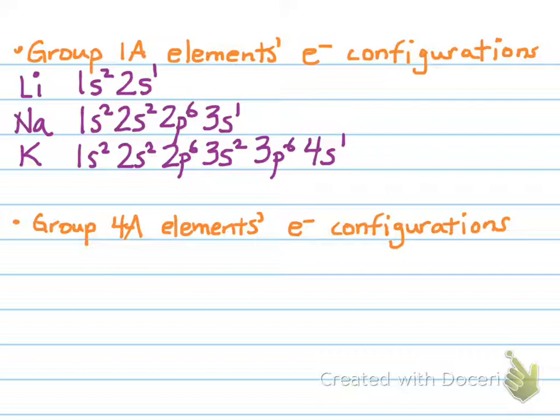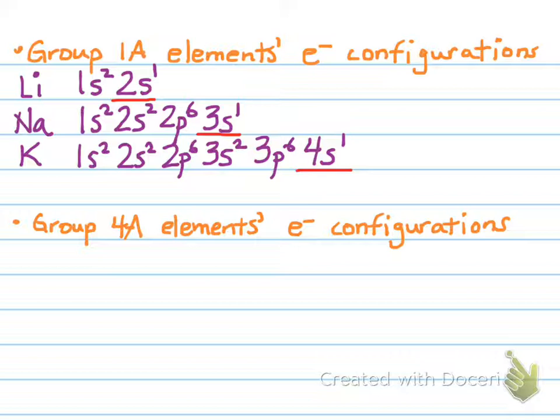So what we want to notice is our highest occupied energy level, that's our highest number. I'm just going to underline that part of our electron configuration for all three of these, right? And what we notice is they have quite a bit in common. They're always s1.